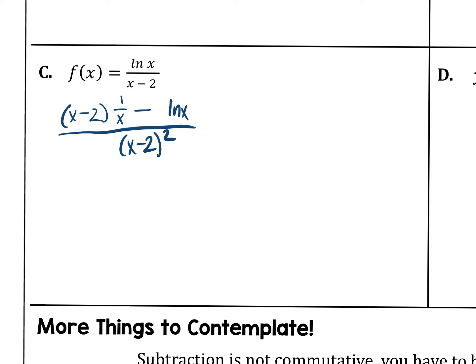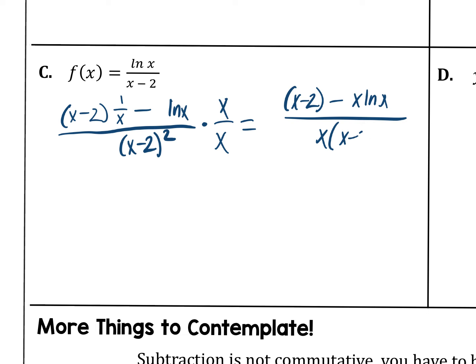Why didn't you write that? So then rather than leave that fraction in the top, if you multiply everything by x over x, that gives you x minus 2 minus x ln x over x times x minus 2 squared. Why'd you do that? I did that to get rid of this fraction of 1 over x in the top, so we don't have a fraction in a fraction.